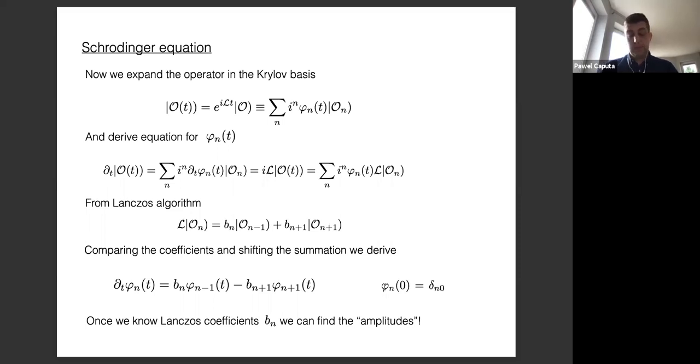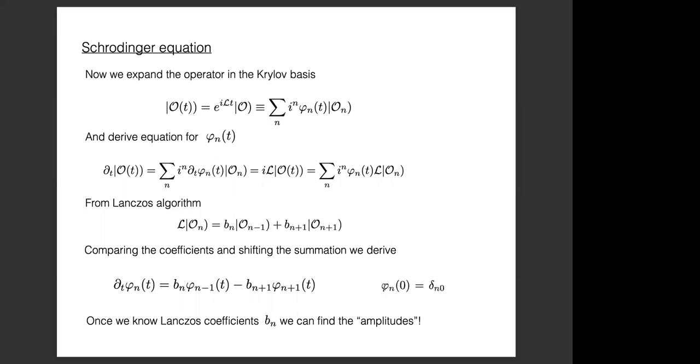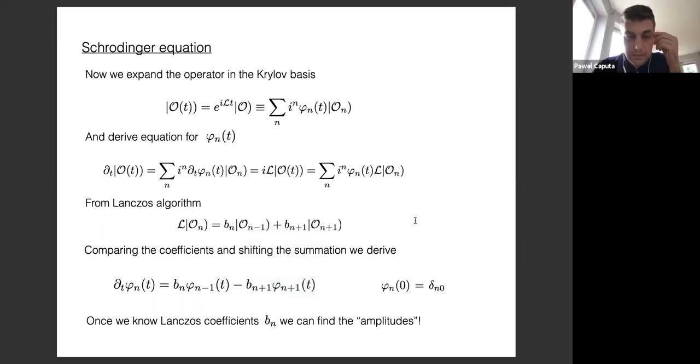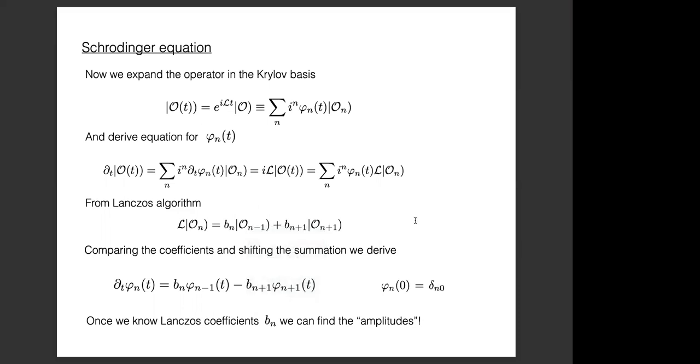Can I have a question? Yes, please. I understand that you wrote this Liouvillian as a Jacobi matrix. So it's not obvious that this operator in this basis is self-adjoint?